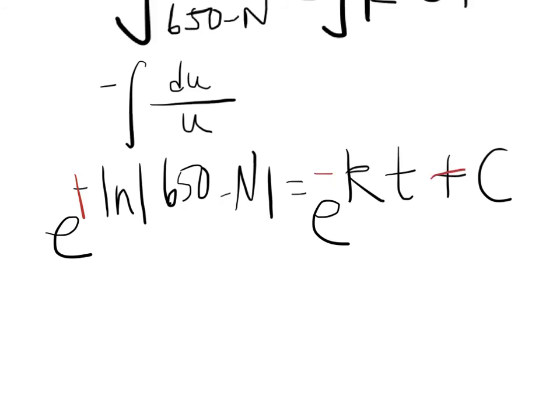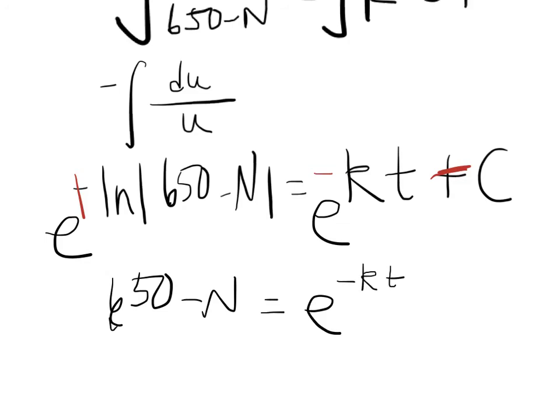It really doesn't matter because C could be positive or negative. So that gives us 650 minus n equals e to the negative kt minus c, which is like dividing by e to the c, which is just another constant, so we'll just put the c out front.